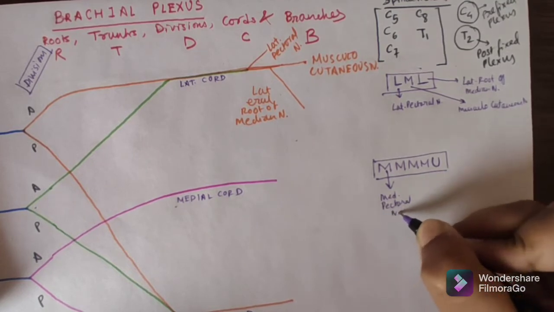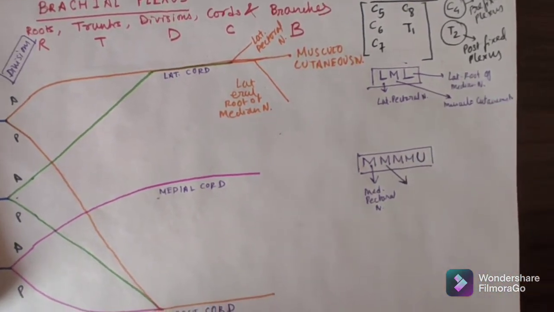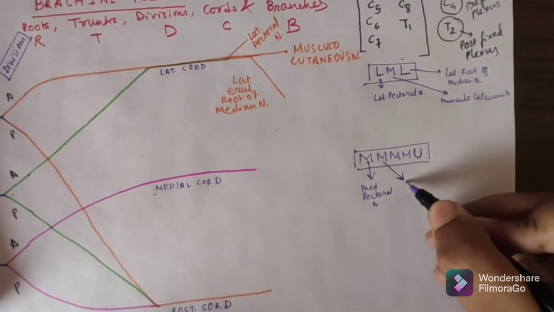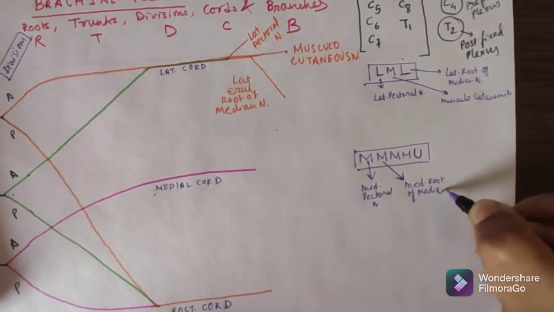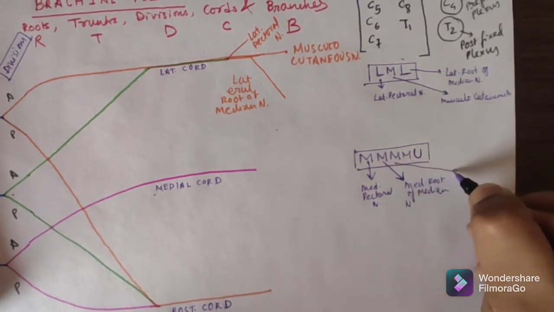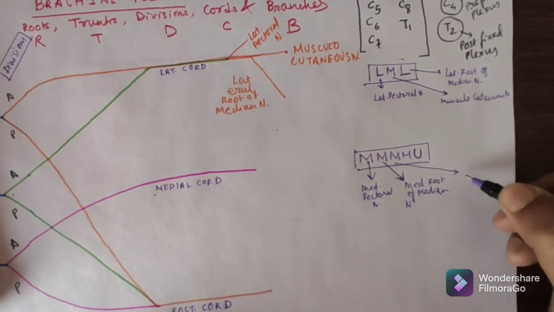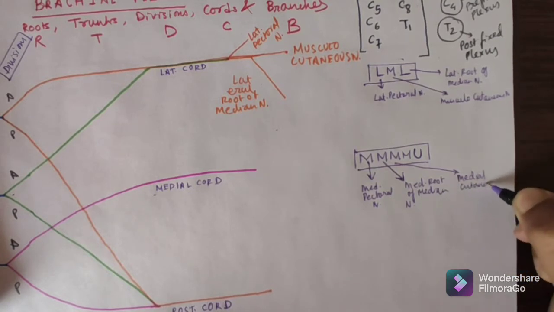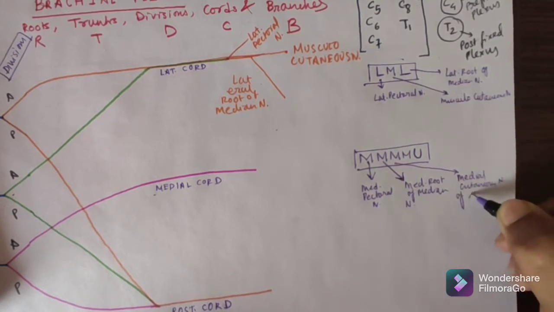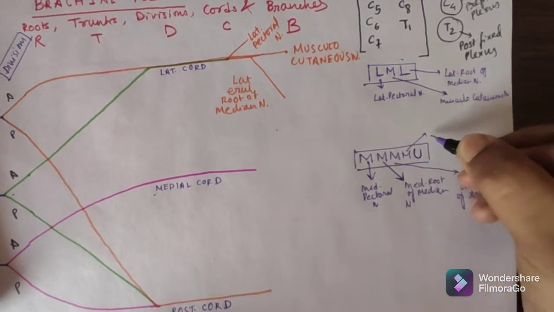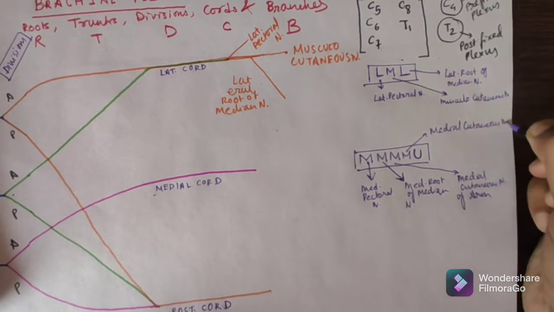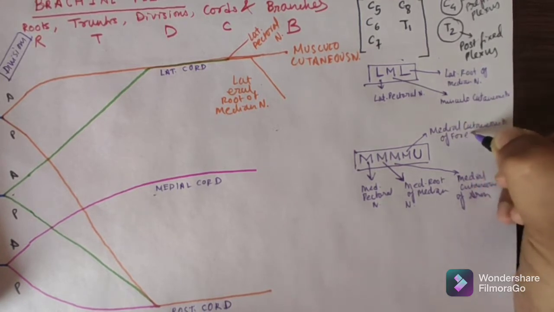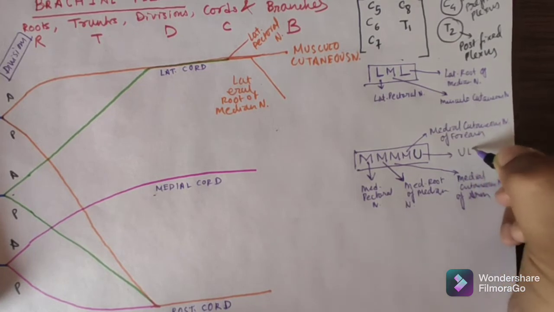This M will stand for the medial root of median nerve. This M will stand for the medial cutaneous nerve of arm. This M will stand for the medial cutaneous nerve of forearm, and this U stands for the ulnar nerve.